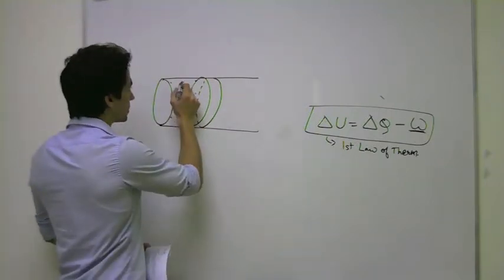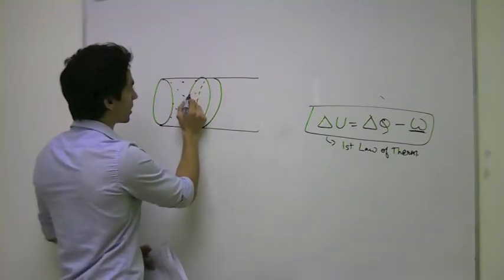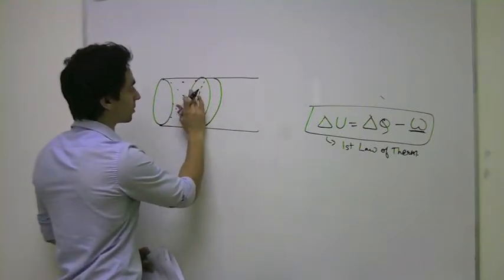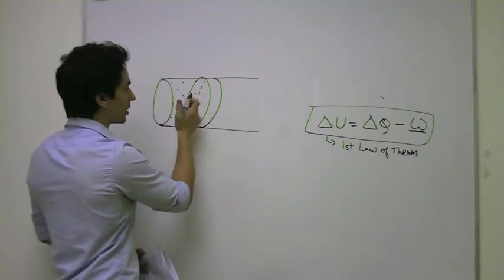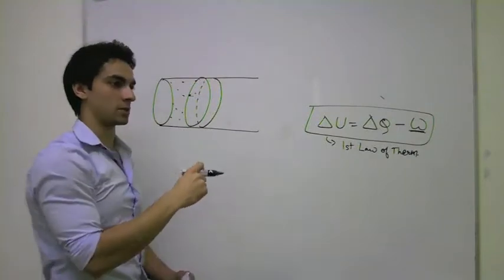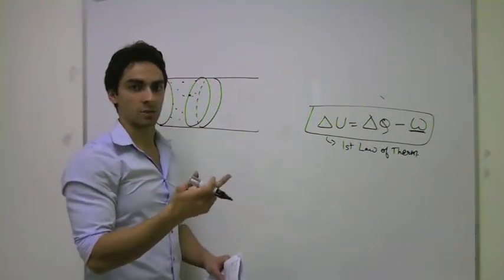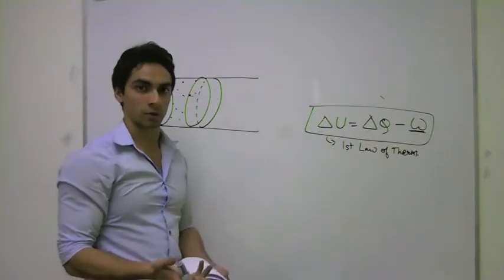Why? Each of these molecules is in constant random motion, and when these molecules hit the cylinder wall or the piston wall, they change direction. A change in direction means a change in momentum, and a change in momentum must be caused by an external force.